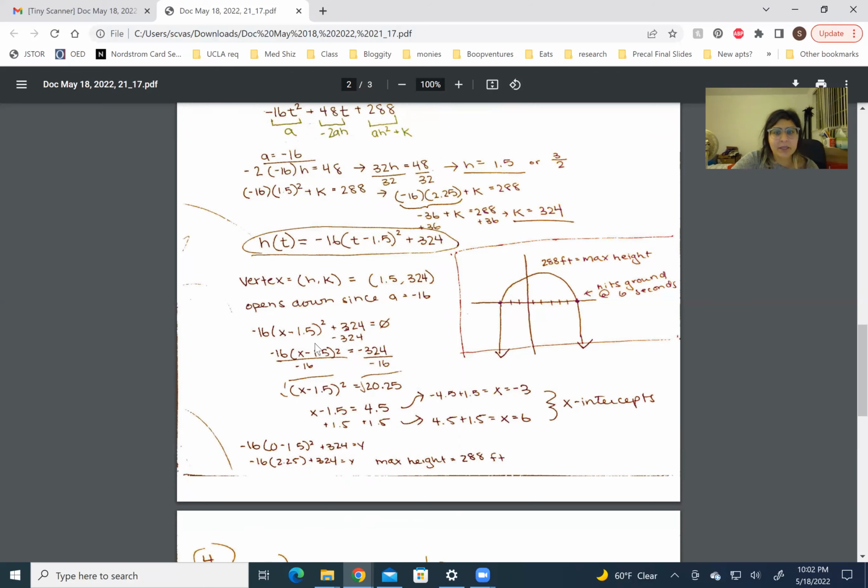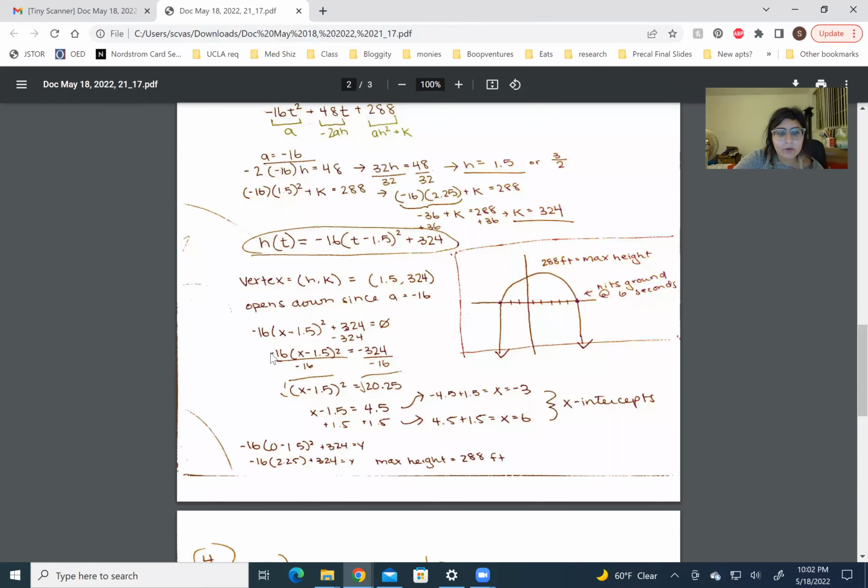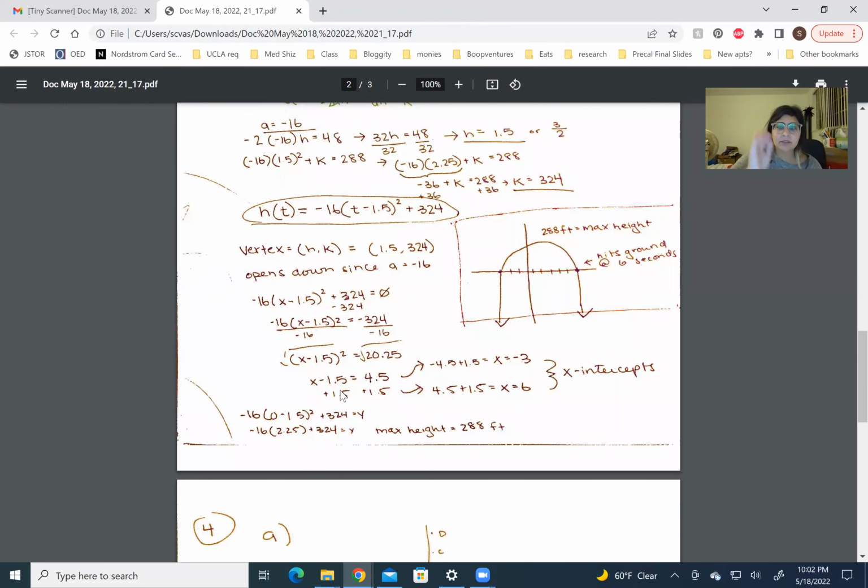Oh, yeah, equal to 0. Sorry. I don't know why I'm confused. Okay, well, so putting the equation equal to 0, I was able to get the x-intercepts, which are reflected here, -3 and 6.